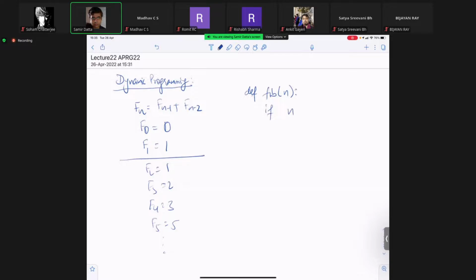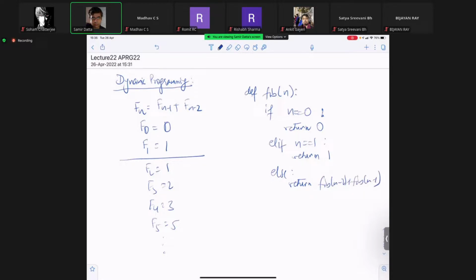If n equal to 0, then return 0, else if n equal to 1, return 1, else return fib(n minus 2) plus fib(n minus 1), correct?